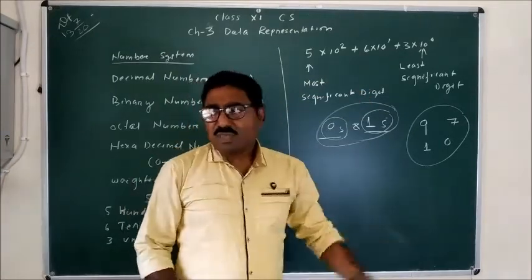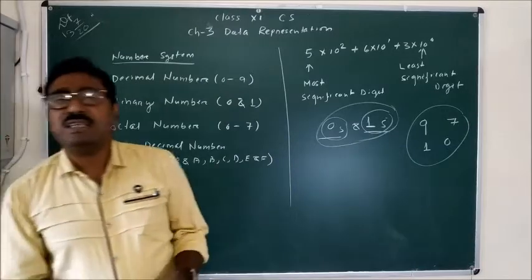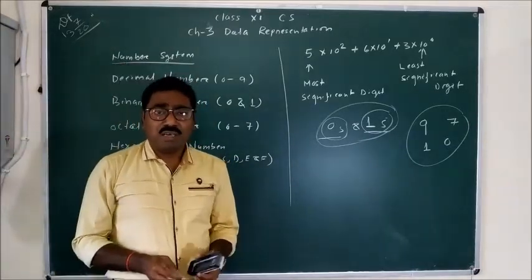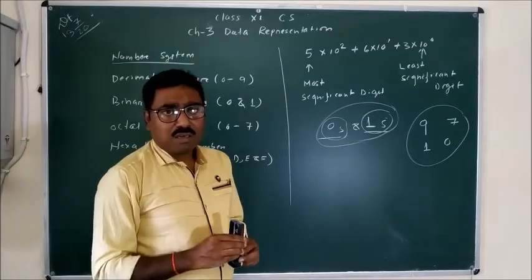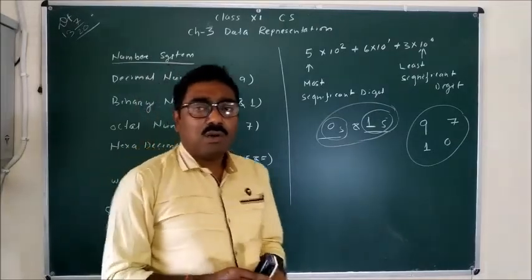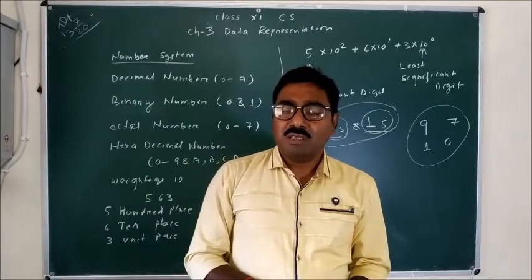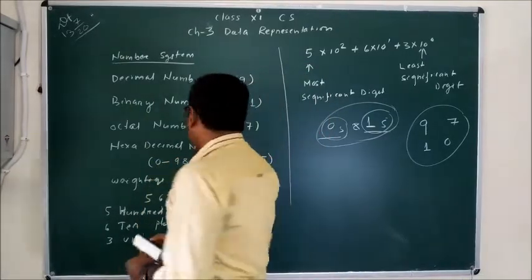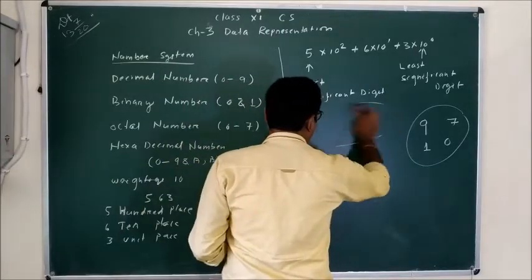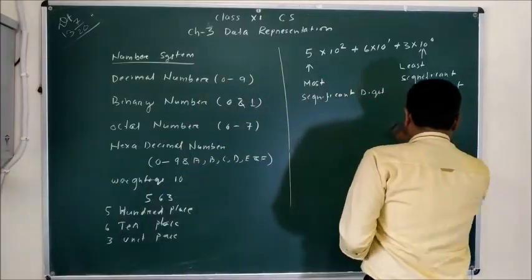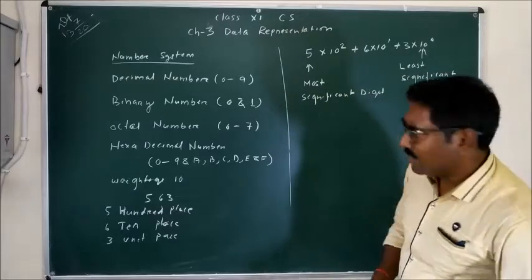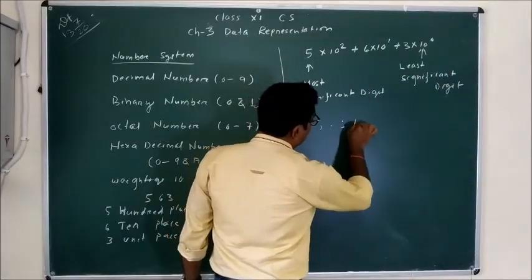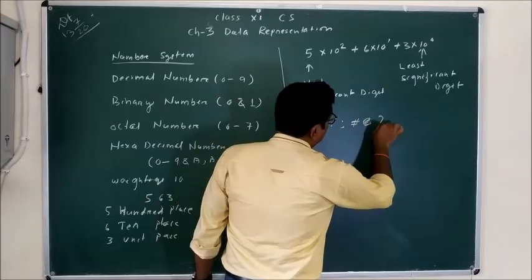Okay, so whatever data we're entering, the data may be either a number, that is a digit, or any kind of alphabet, or any kind of special symbol. With the digits 0 to 9, a collection of digits, we can make any number. Special symbols are like comma, full stop, semicolon, hash, at the rate, question mark.